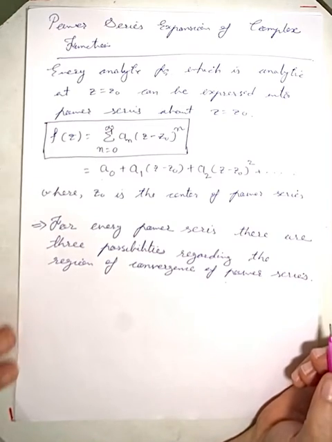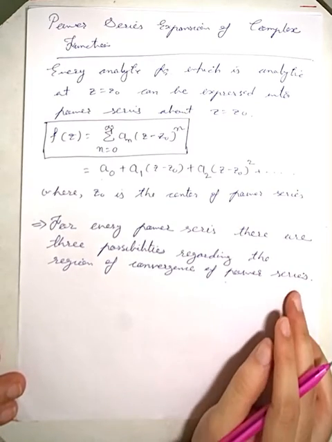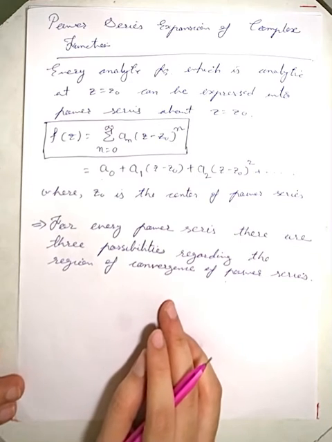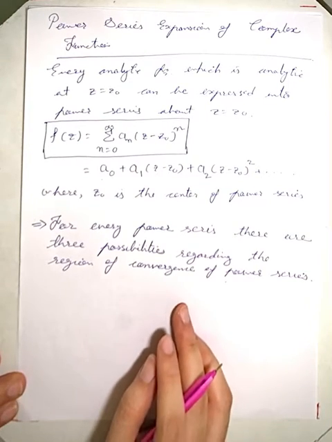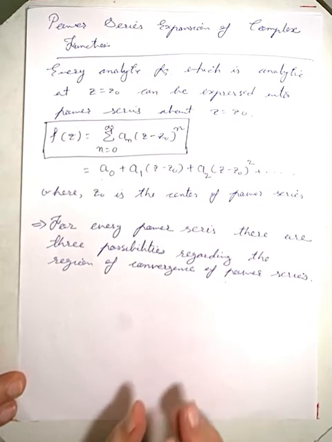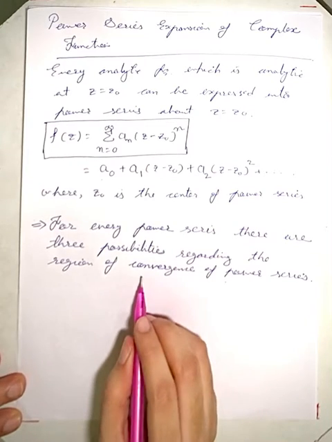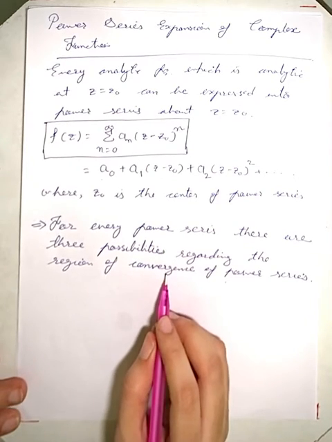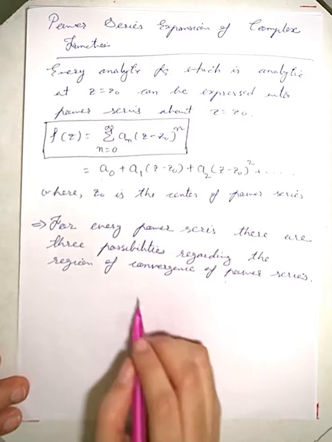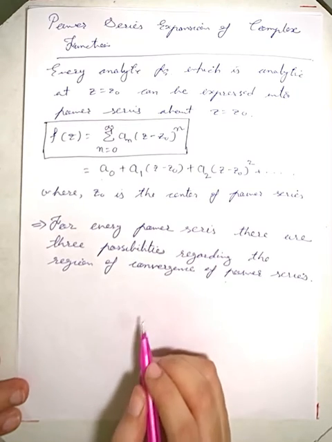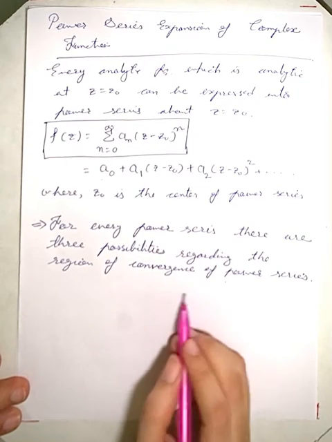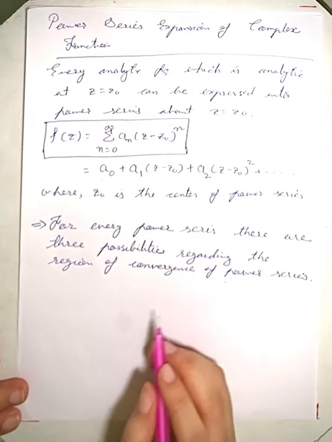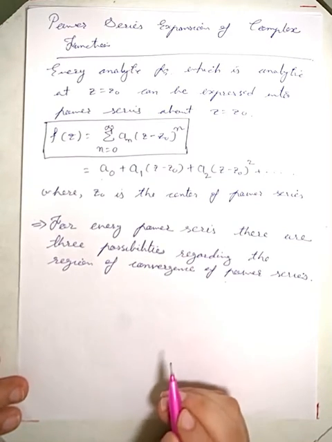Region of convergence means the region in which the power series converges. Converges means the value of the power series tends to a finite value. And region of divergence means the region in the plane in which the power series diverges. Diverges means the value of the power series tends to infinity.